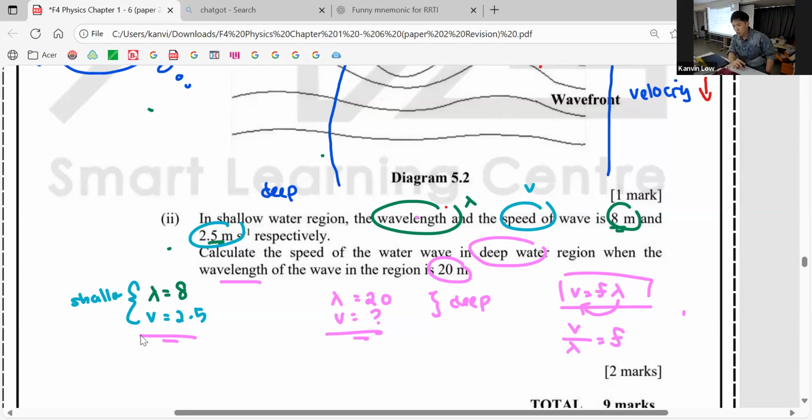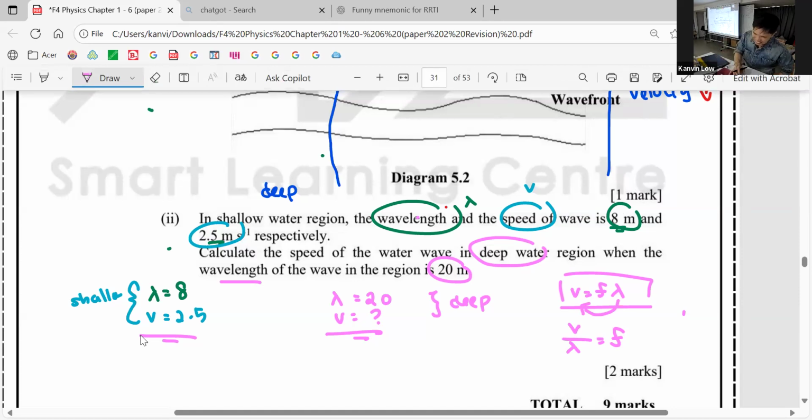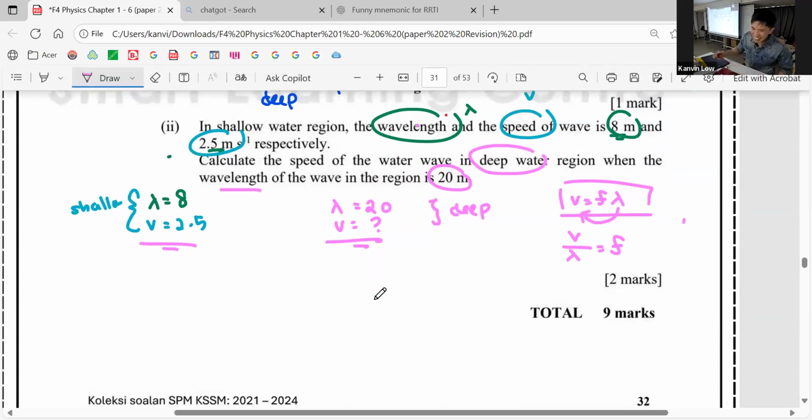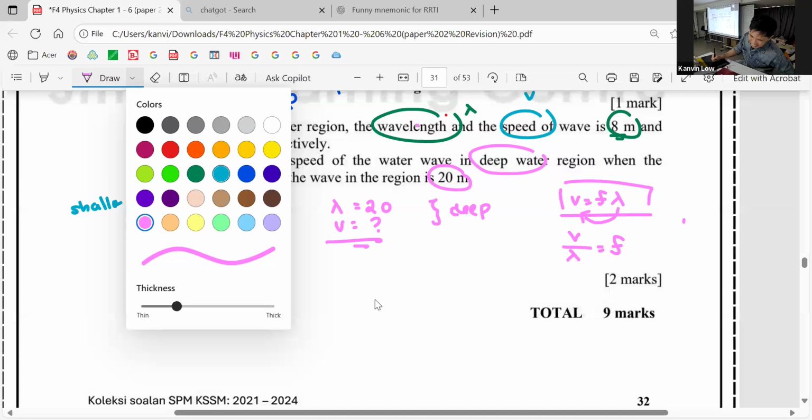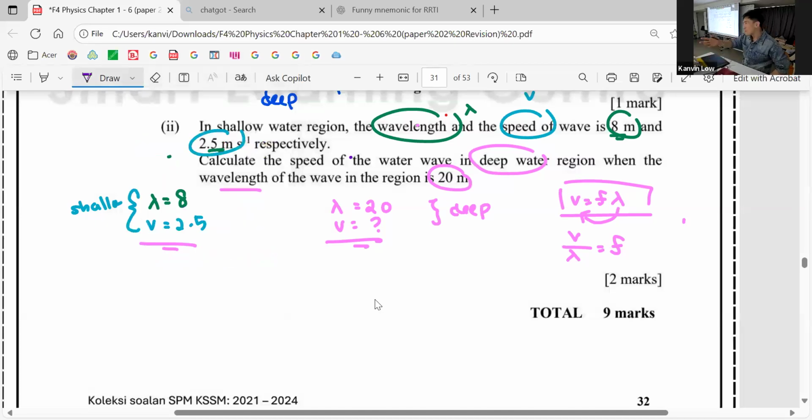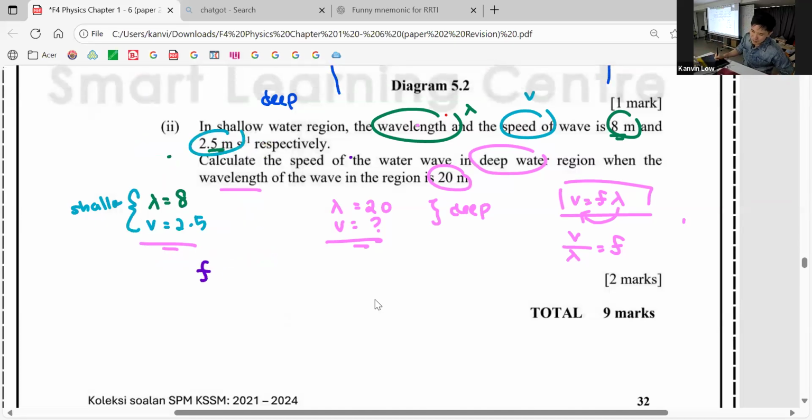And guys, let me ask you a question. Shallow water and deep water, is the frequency the same? The same, because it's from the same source. Okay, good. So the frequency for the shallow water is equal to the frequency of the deep water.